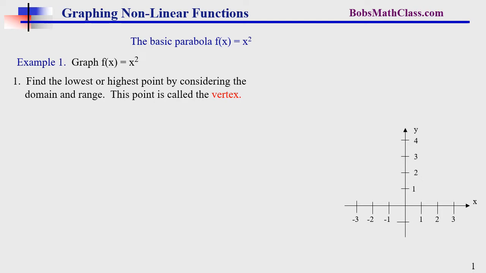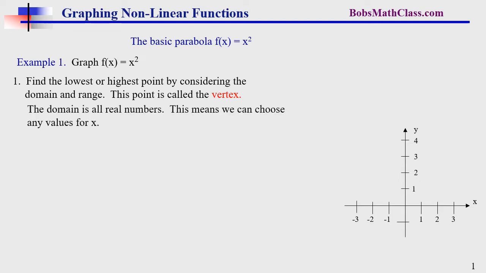Now the range, well, let's think about what numbers we could get for f of x, or the y value. On the right-hand side we have x squared. So what's going to happen to any number that's squared? Right, it becomes positive. So the smallest number you could get is 0, and that's when x is 0.